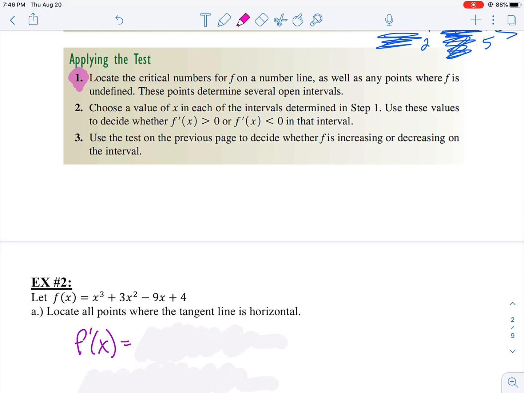Once we find those critical numbers, we should be able to figure out then what intervals we have to test. What we're going to do then is test values in each of the intervals in our derivative. If our derivative is positive, our original function is increasing. If our derivative is negative in that interval, our original function is decreasing. So then we can figure out where it's increasing or decreasing.